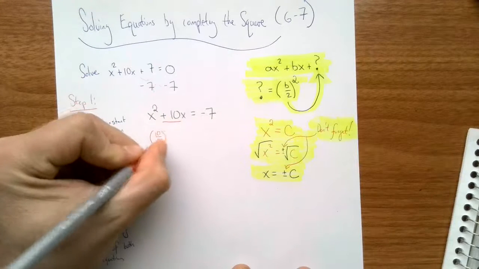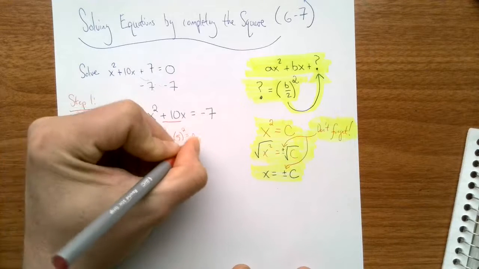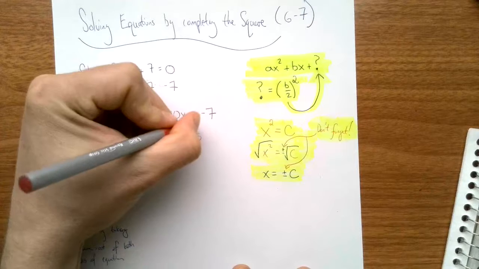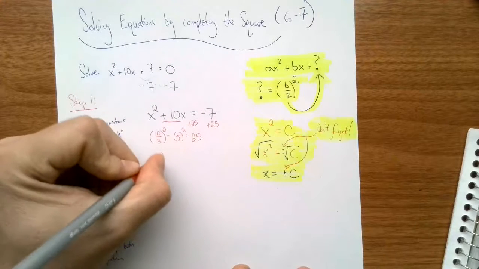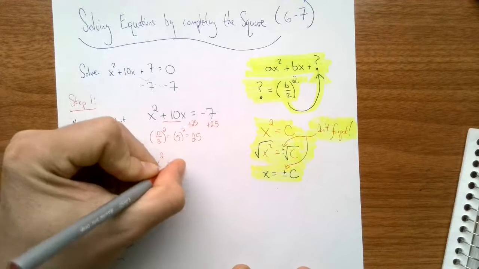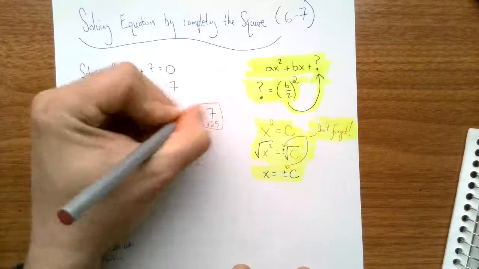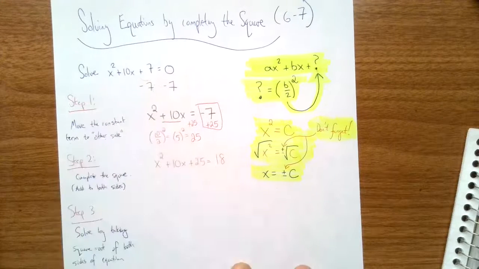We divide it by 2 and square it, which gives us 25. We add 25 to both the left side and the right side of the equation. That gives us x squared plus 10x plus 25, and then negative 7 plus 25 is equal to 18.